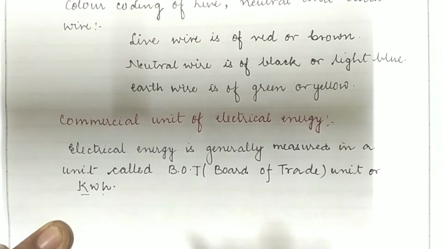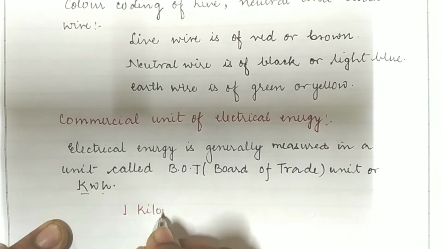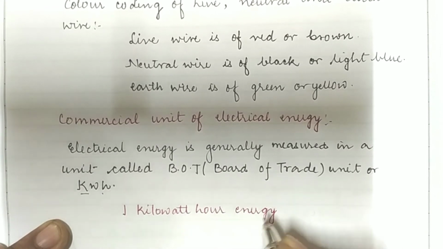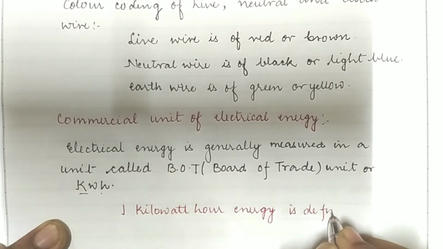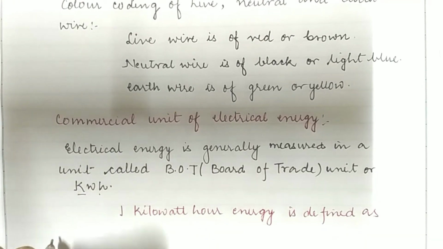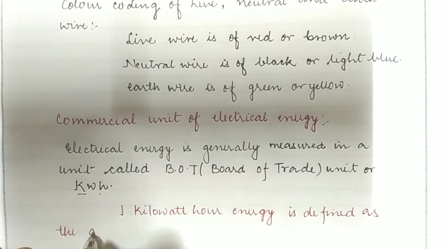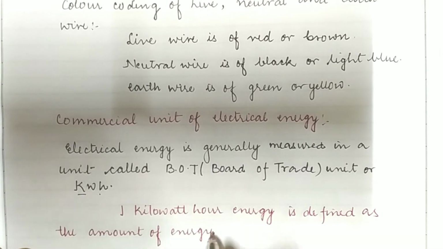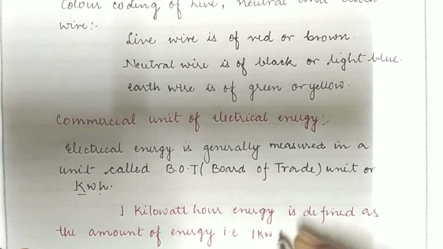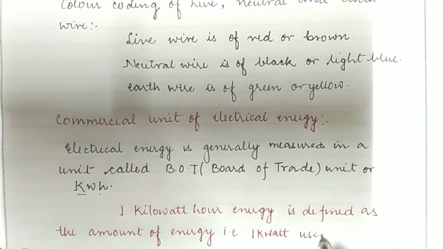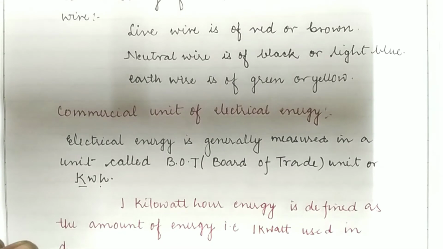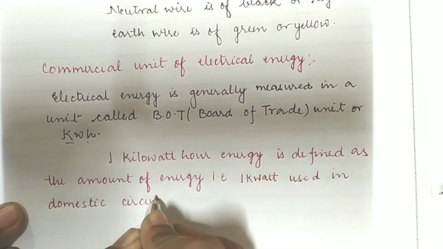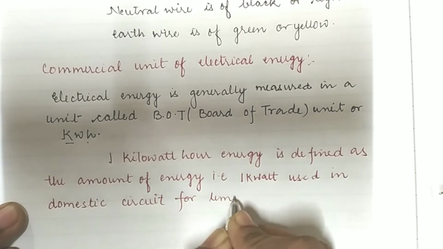So we can define 1 kilowatt hour of energy as the amount of energy used by 1 kilowatt in a domestic circuit for 1 hour.